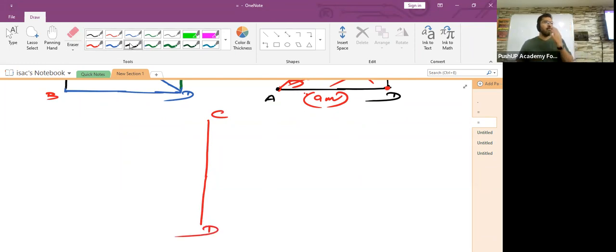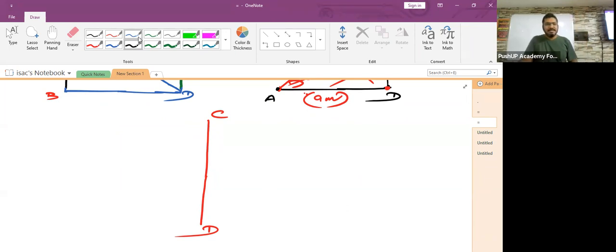Now, from the eye of the observer, you should be drawing the line of sight which touches the top of the flagpole. And from the very same eye of the observer, you should be drawing the line of sight which should be touching the bottom of the flagpole, isn't it? Both towards the top and towards the bottom it should go.